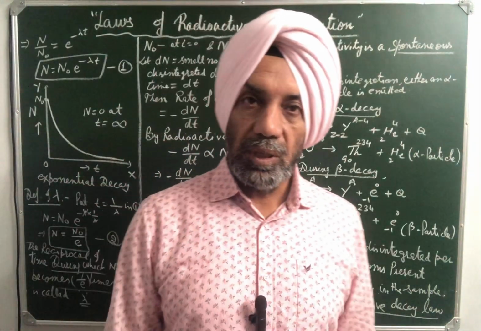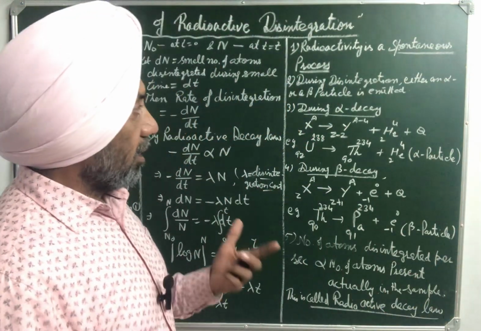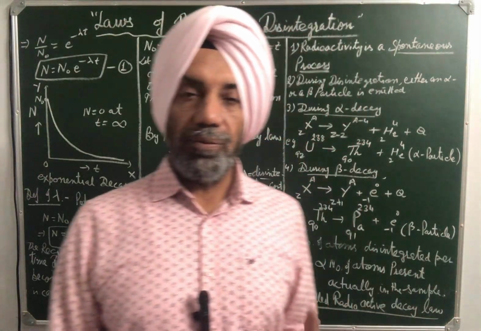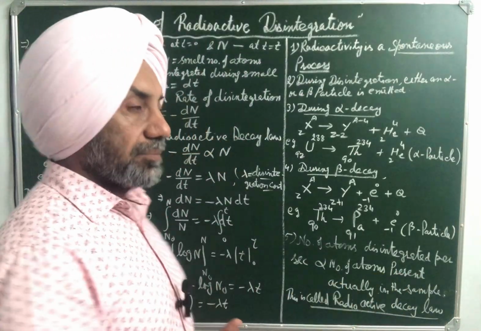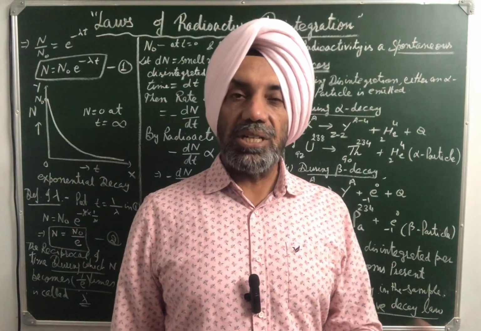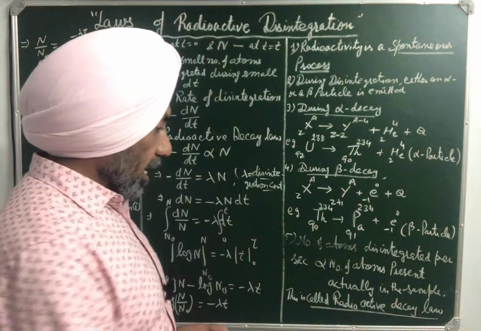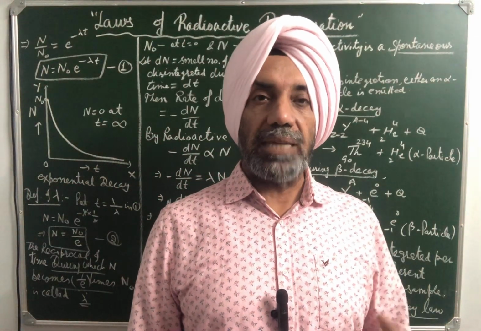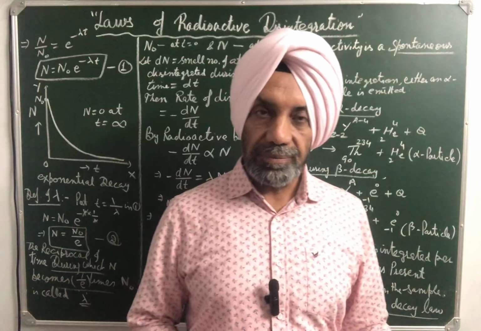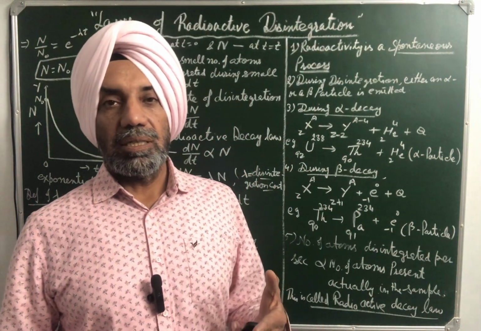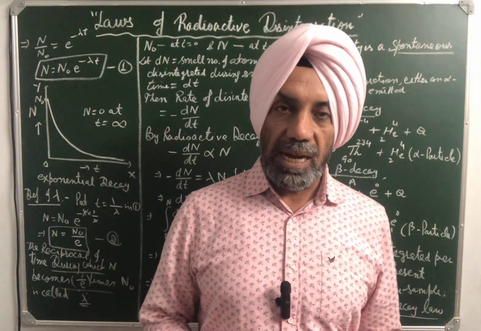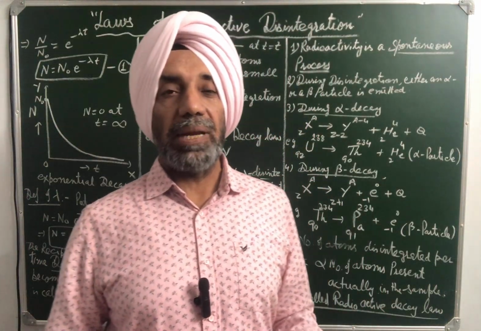Then the fifth law: when heavy nuclear elements decay, the number of atoms disintegrated per second, or you can say the rate of disintegration at any instant, is directly proportional to the number of atoms present in the sample at that instant.